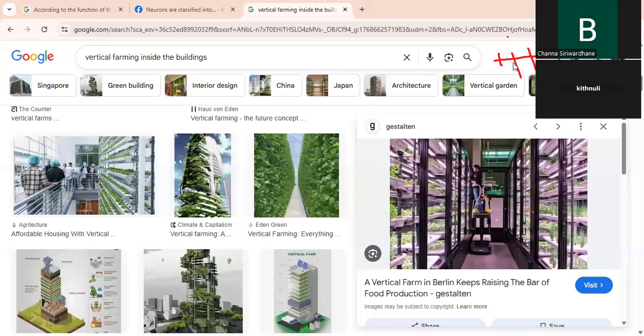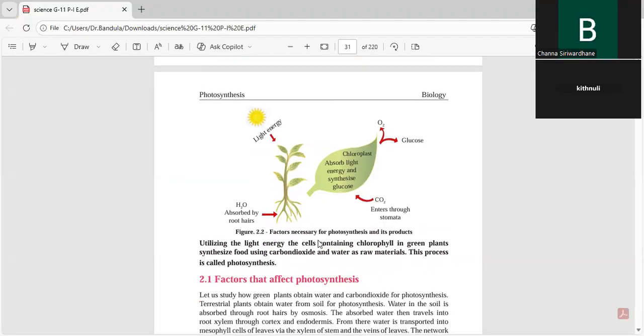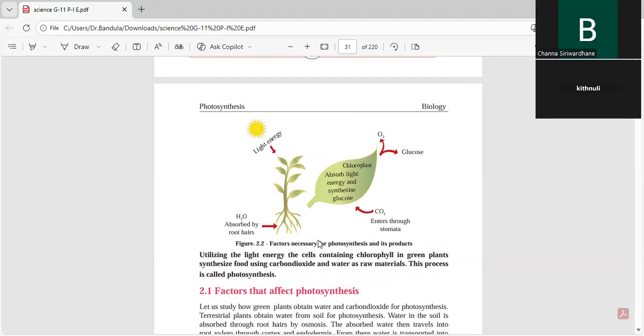So here we have light energy, and water and carbon dioxide absorbed by the root hairs, H2O and carbon dioxide. Like that.